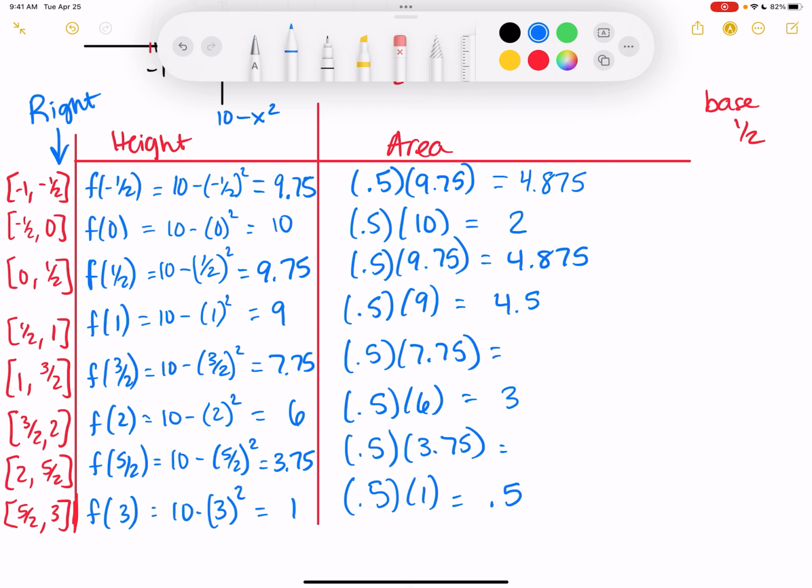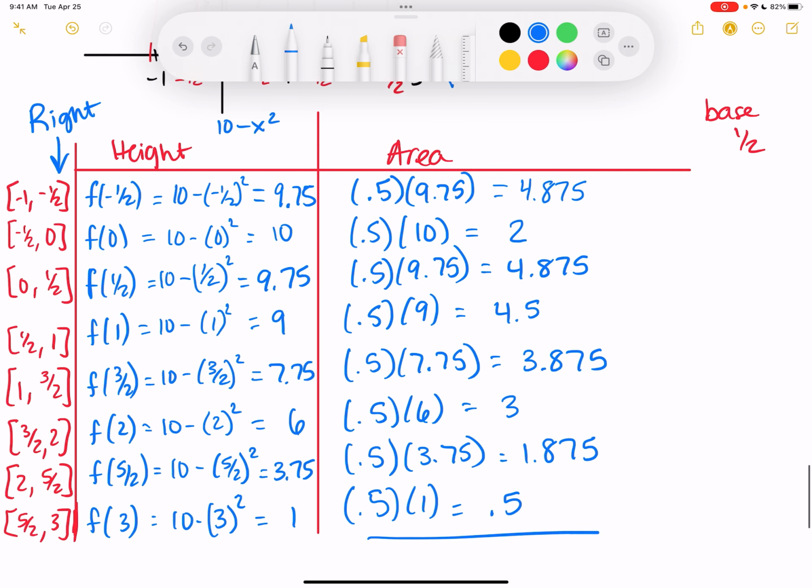3.875. And the 3.75 one, 1.875. And then 1, 2, 3, 4, 5, 6, 7, 8.